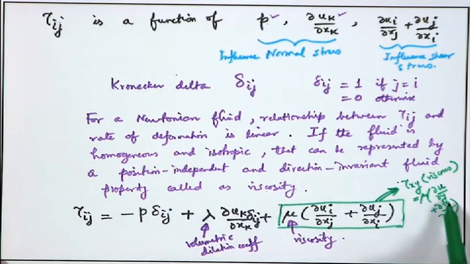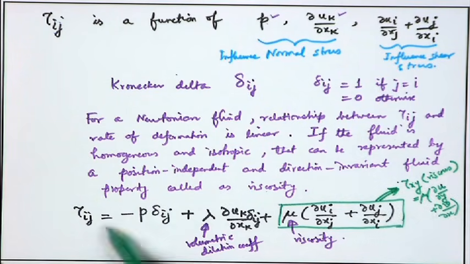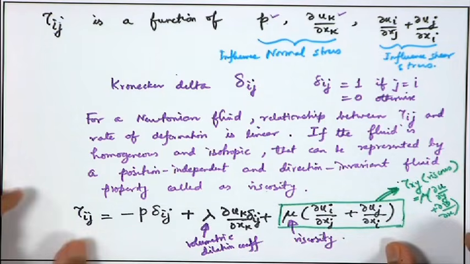So tau equal to mu du dy is an exclusive viscous stress representation for unidirectional flow, where the velocity component is along x and varies along y. There is nothing wrong with it, but that is a very special case, while this is the more general case.